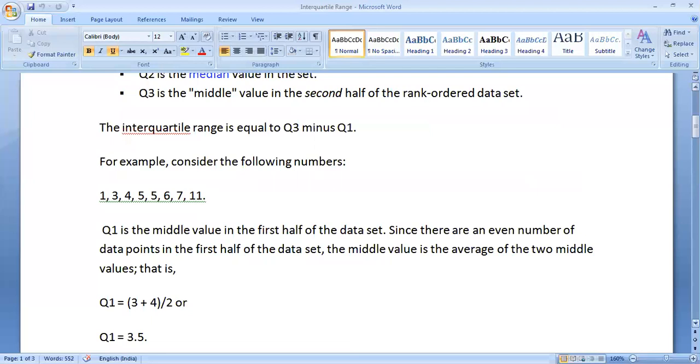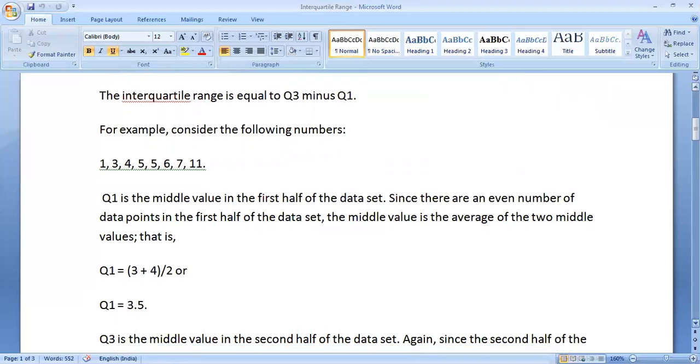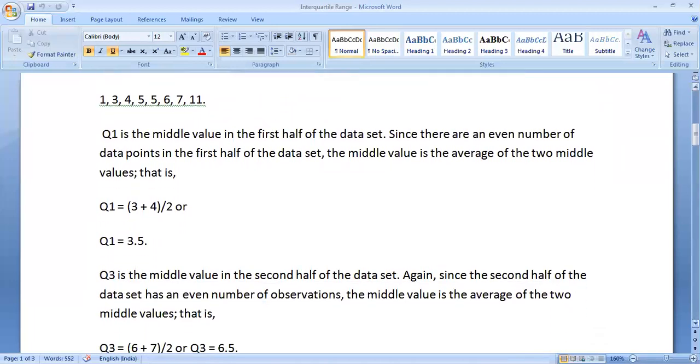So Q2 would be 5 plus 5 divided by 2, which is equal to 5. So the first partition would be 1 3 4 5, and the second would be 5 6 7 11.